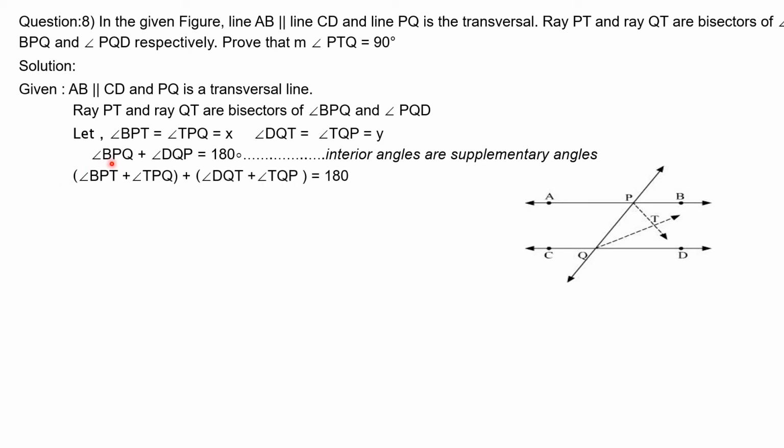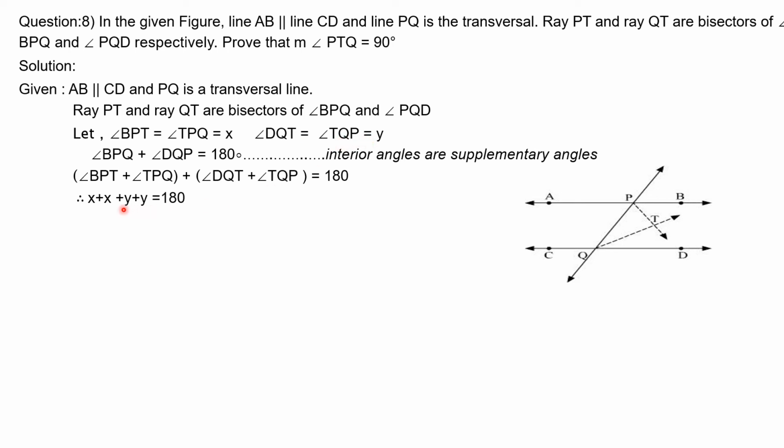So BPQ means angle BPT plus angle TPQ. So we write here angle BPT plus TPQ plus, in the second bracket, PQD means angle DQT and angle TQP, is equal to 180 degrees. So the measure of angle BPT is x, the measure of angle TPQ is x, the measure of DQT angle is y, the measure of TQP is also y.